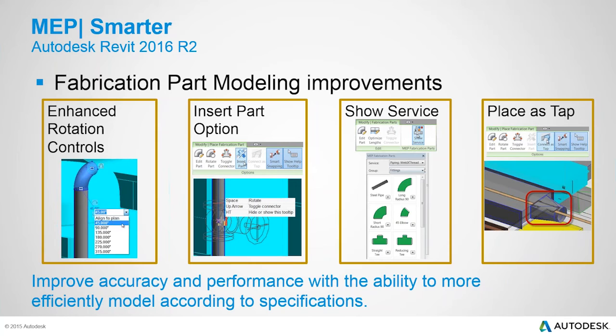And this should help improve your accuracy with the ability to model taps to the side of the duct according to the specifications to meet the fabrication requirements. All these tools obviously help improve the accuracy and the performance with the ability to model according to more your actual local specifications and make sure we can build to code.